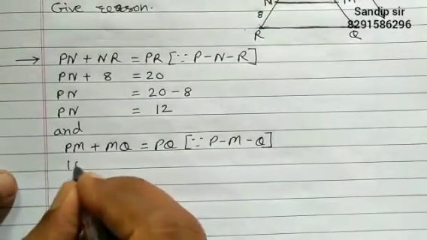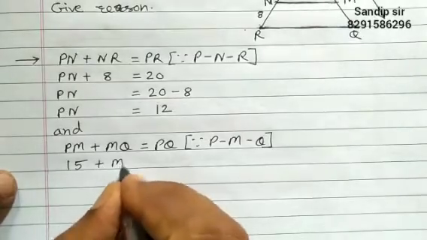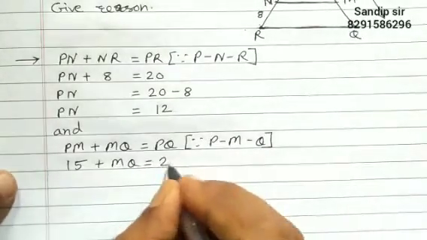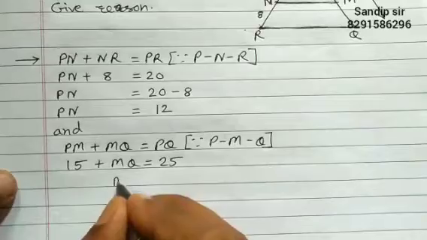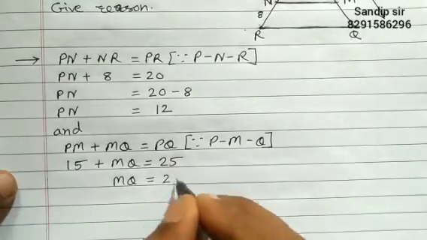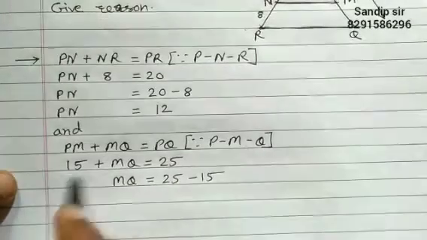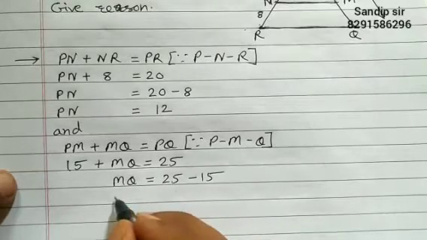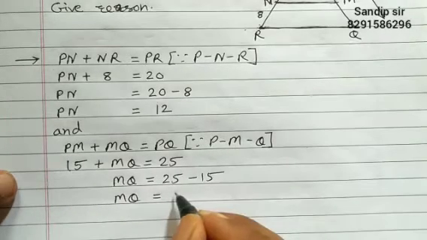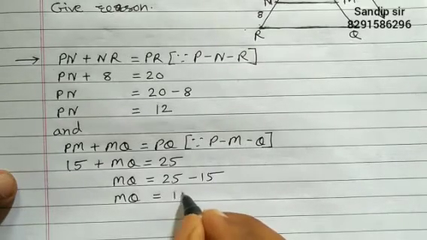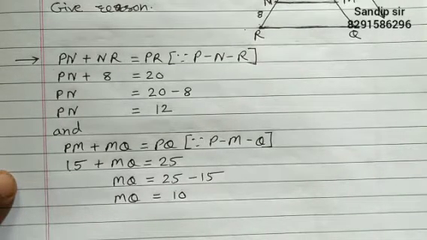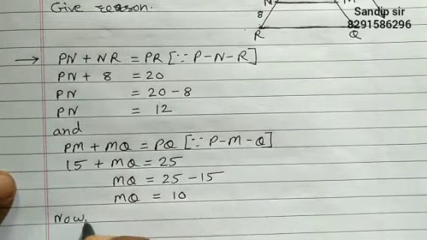Value of the PM is 15, MQ we don't know, and PQ is 25. So what MQ we get here? 25 minus 15. This 15 goes to the right hand side. So the MQ we get how much? We get 10.